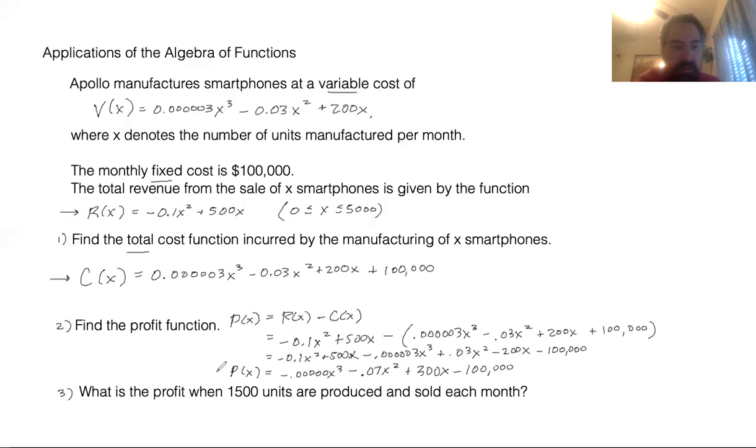Now, once I have the profit function, I can answer a question such as number 3. What is the profit when 1,500 units are produced and sold each month? I can find that by simply plugging in, substituting the 1,500 into the x.